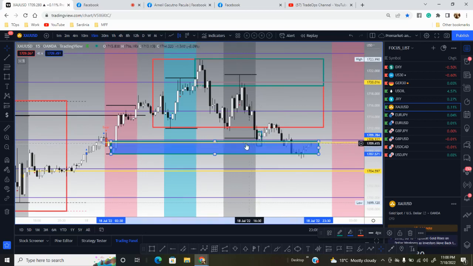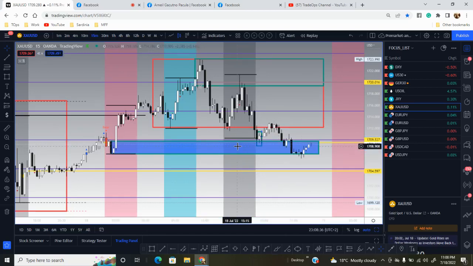Siguro it's already too late kasi outside na siya sa ating US session time window. So kung meron tayong limit orders dito, mas magandang i-cancel out na lang natin kapag yung price is already trading outside our time window.